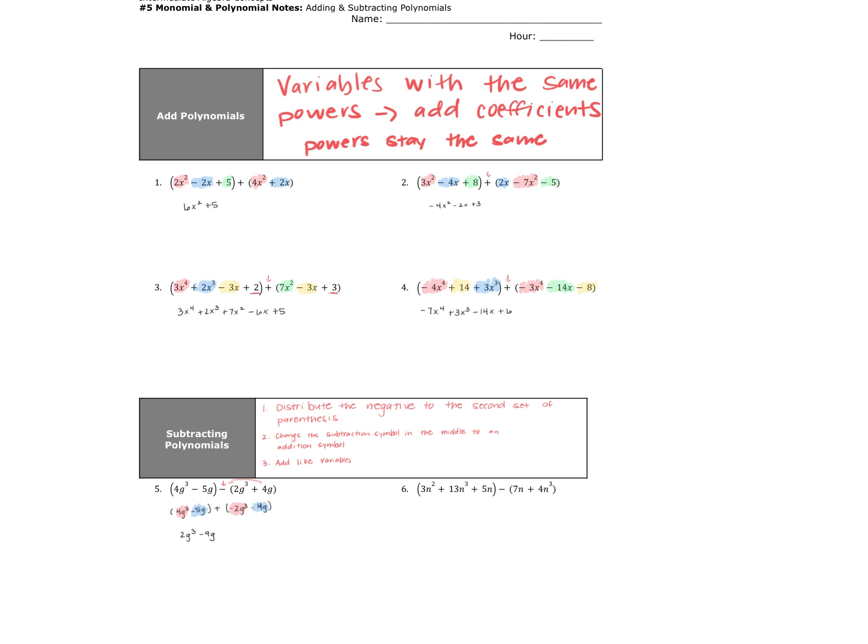We're going to do the same thing. The first thing we're going to do is our first set of parentheses, we're just going to rewrite exactly like they are. So I'm going to say 3n squared plus 13n to the third plus 5n. Okay, put those in parentheses. This was a negative, so I have to distribute that negative to each piece.